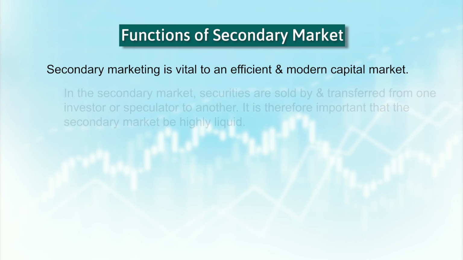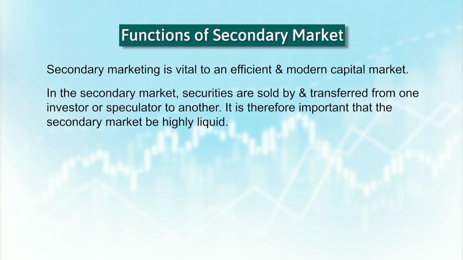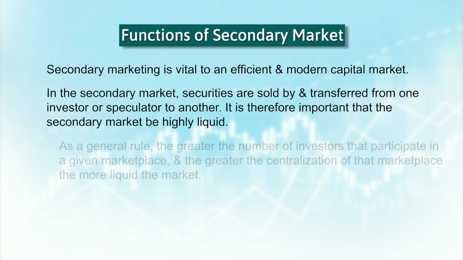If we want to have a booming capital market, an efficient modern capital market is utterly necessary. Because in the secondary market, securities are sold by and transferred from one investor or speculator to another. So it is important that the secondary market should be highly liquid.